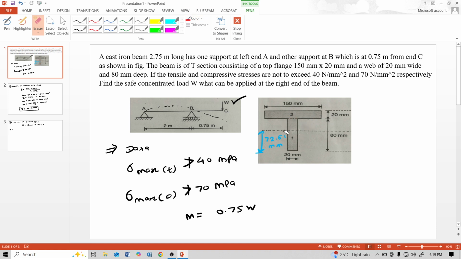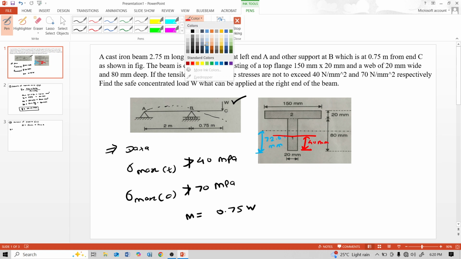The total T section neutral axis is this sky blue line, the x axis, and this red line is the x1 axis.